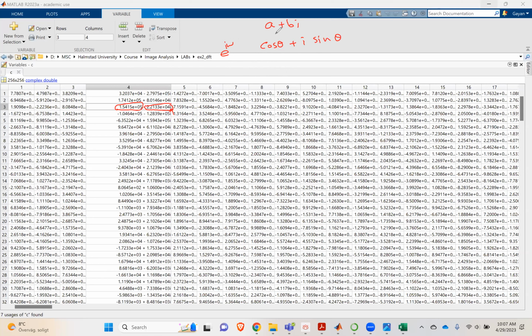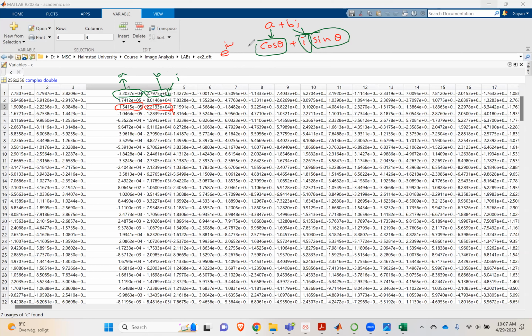This is a, this is b, and this is the i. a is equal to cos theta, b is equal to sin theta, and this is your i. Is it clear?